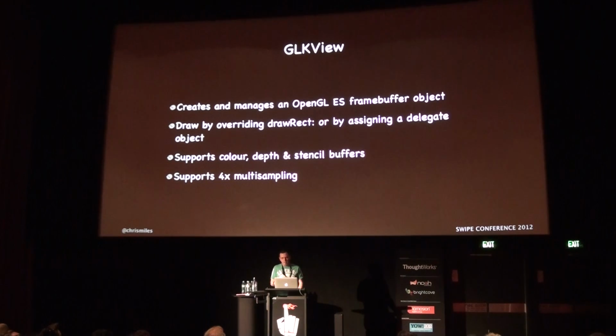It works with the UIView mechanics. You can call setNeedsDisplay, and it will call drawRect as needed. It supports color, depth, and stencil buffers if you need any of those. And you can also switch on 4x multisampling just by flicking a switch if you want that, which is pretty cool.